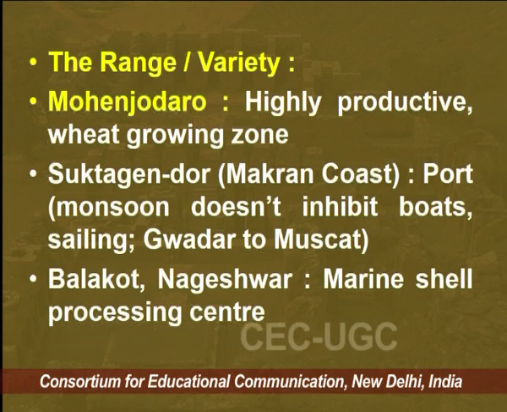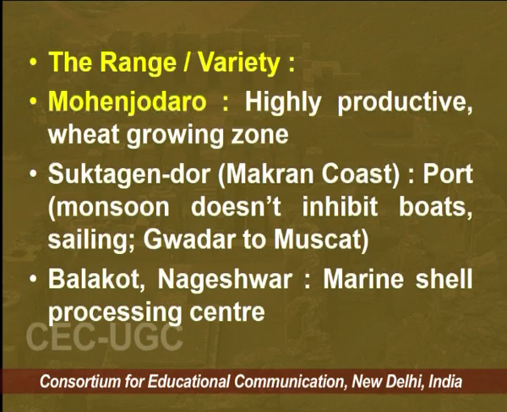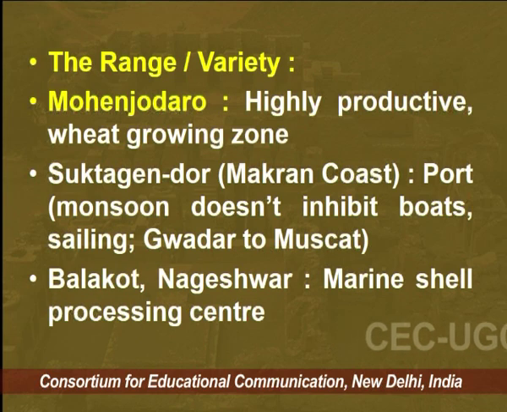And so it becomes very easy to ascribe to Mohenjo-daro, in terms of its settlement logic, that it is a highly productive area. Wheat could be grown in a big way in Mohenjo-daro.